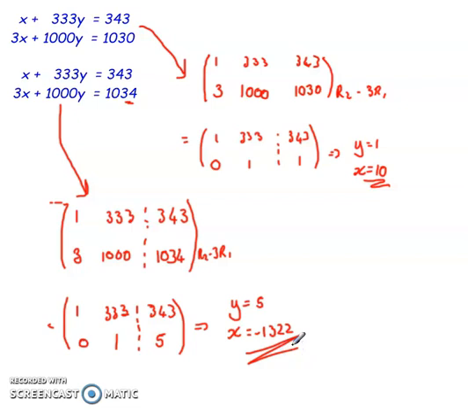So a tiny wee adjustment of adding 4 onto that second equation has changed my values from y is 1 and x is 10 to y is equal to 5 and x is equal to negative 1,322. So it's made a massive difference again. Alright, that tiny wee change has made a massive difference in my solutions.